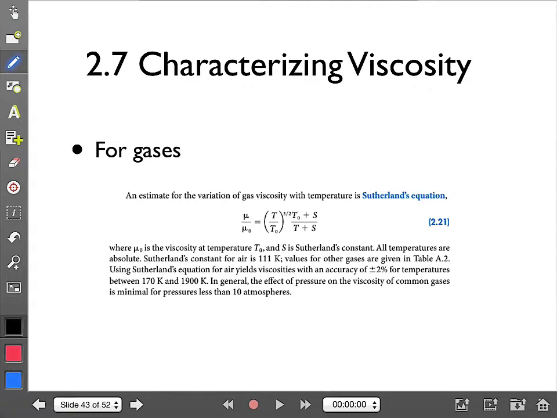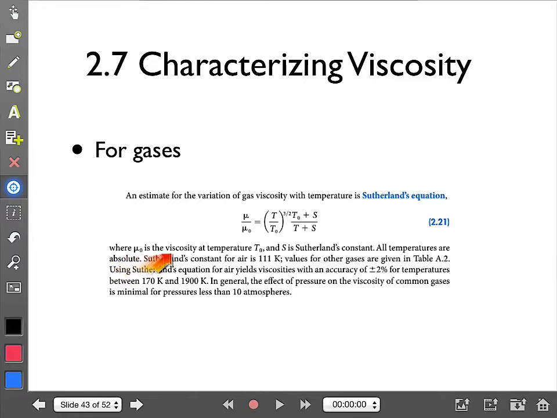Okay, so for gases, an estimate of the variation of gas viscosity with temperature can be given by Sutherland's equation. Sutherland's equation here is given as the ratio of mu over mu naught, and then this temperature dependence here plus S. So what do these things all mean?